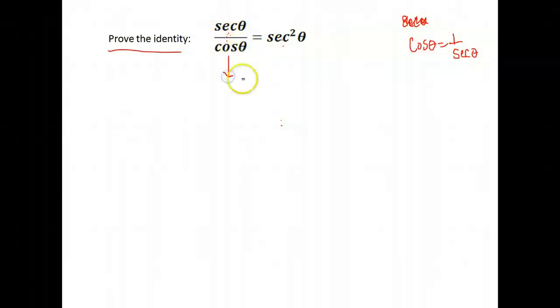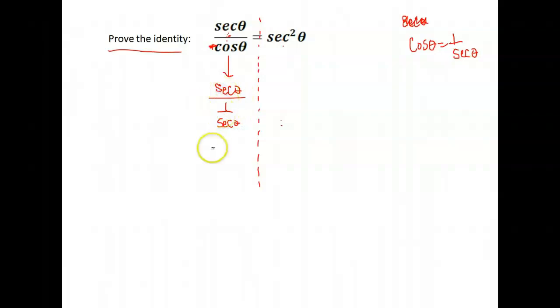So I'm going to work on the right hand side here. I like to keep a little line down the center so I know here's my left side and my right side, and I don't mix them up. Okay, so here we go. I'm going to change cosine here to 1 over secant. So I have secant theta over 1 over secant theta, and here's where your ability to simplify comes in.